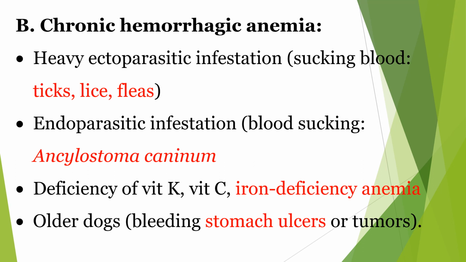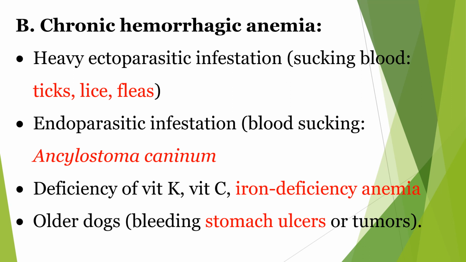We have seen acute hemorrhagic anemia. Now we are going to the topic of chronic hemorrhagic anemia. When there is heavy ectoparasitic infestation, especially ticks, lice, and fleas, common in dogs, they suck the blood over a long time and cause anemia.